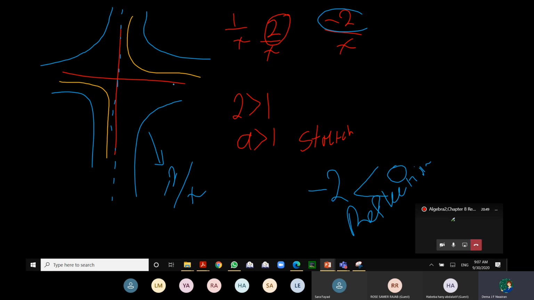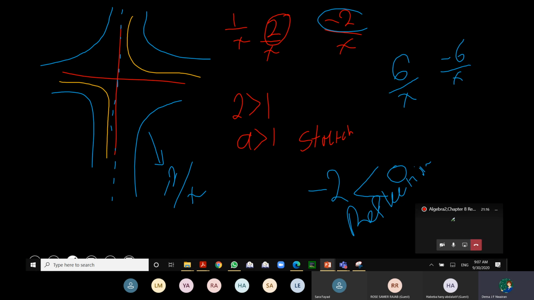Now, I need to draw -2 over x. To draw -2 over x, I need how it will be 2 over x. If I want to draw -6 over x, I need the positive one, which is 6 over x. After I know how 6 over x, I will reflect it.